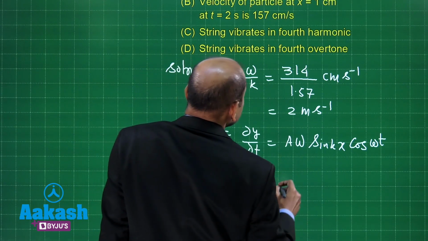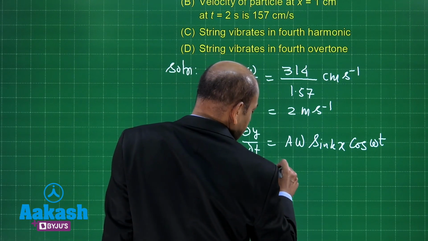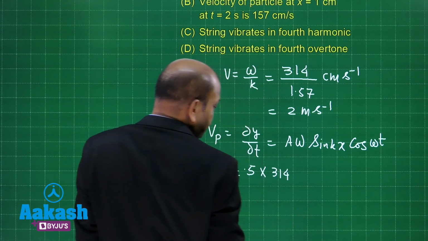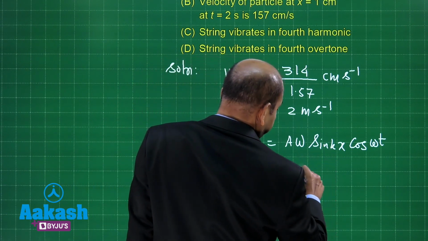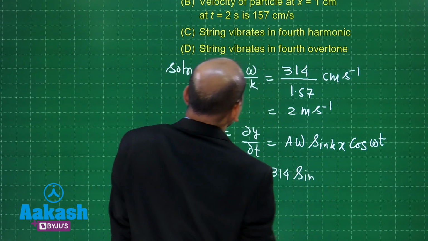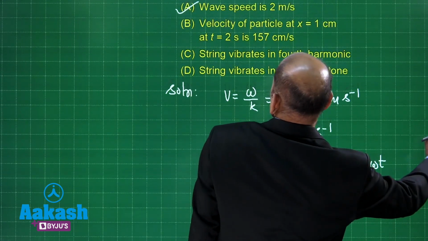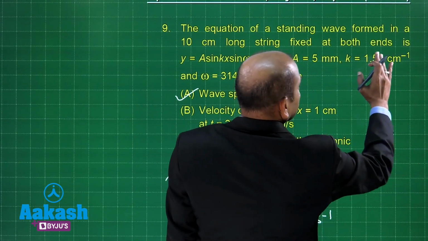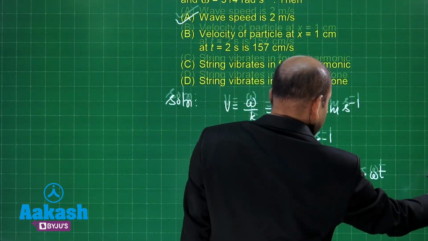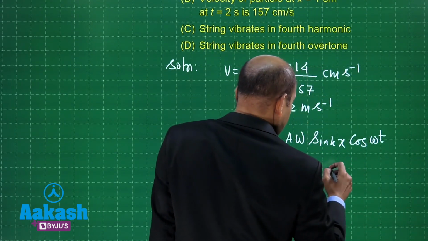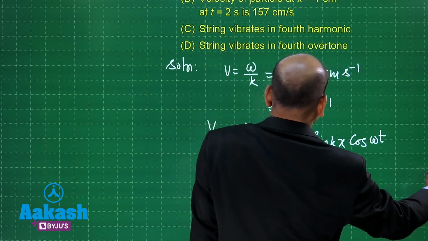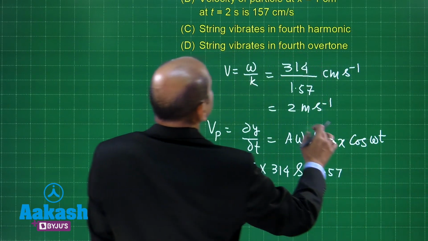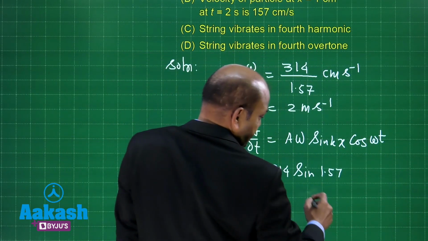Sin kx, the value of k is 1.57 centimeter inverse, and the value of x is 1 centimeter.